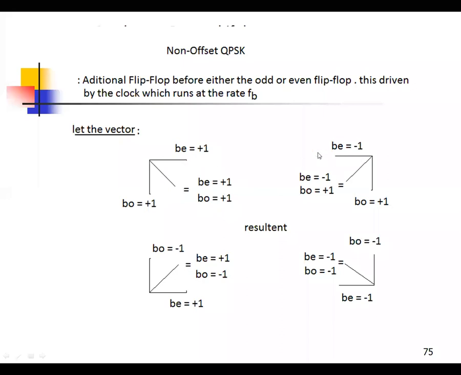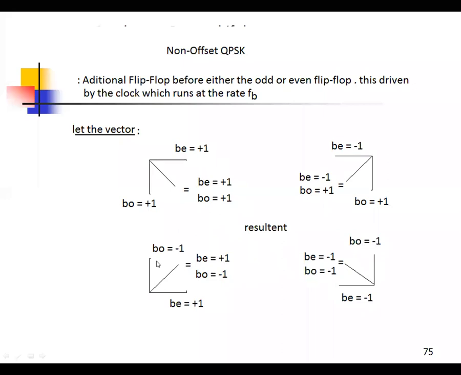Now the even bit in the negative x direction is BE -1, with the y-axis positive direction B naught +1. Then BE +1, B naught -1, and then negative x-axis and negative y-axis: BE -1, B naught -1. All these are the resultants.